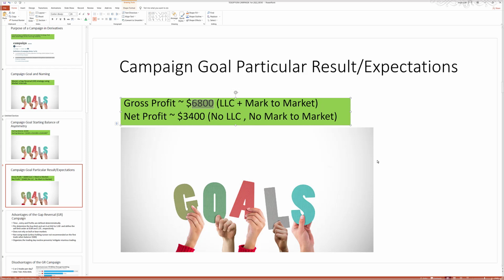But the whole point of this campaign is to first master it so that you grow the account small but double, and then to a point where it makes sense. So this is not just an arbitrary number. 6,800 is calculated based on a 35% return on each trade. And with small adjustments, you can get there a little quicker.